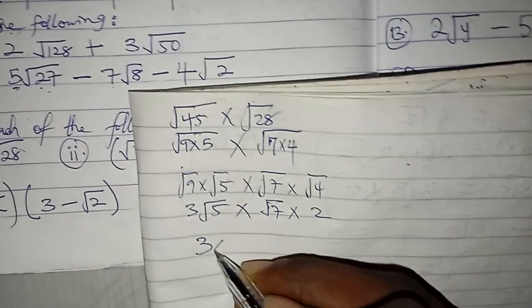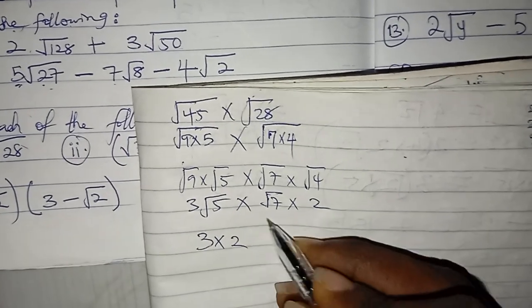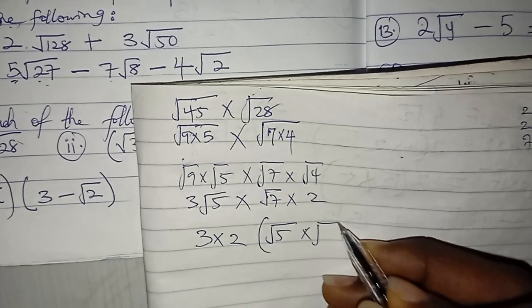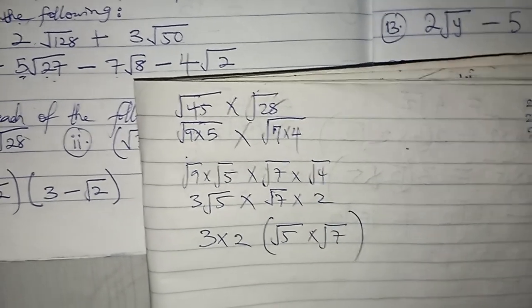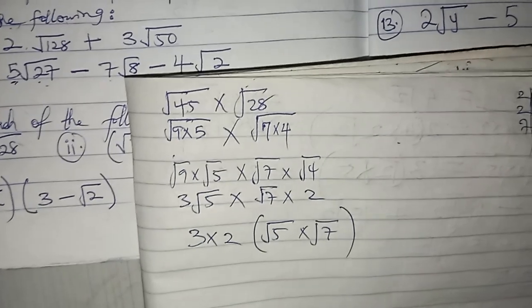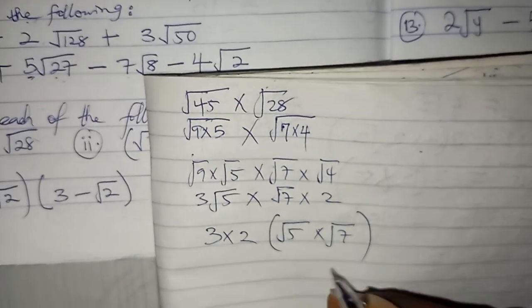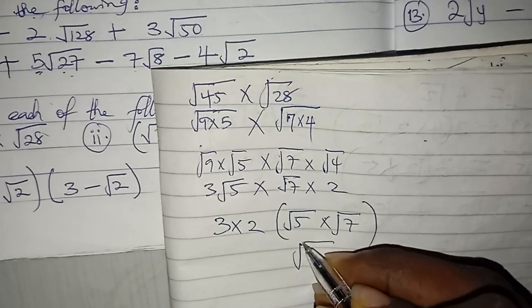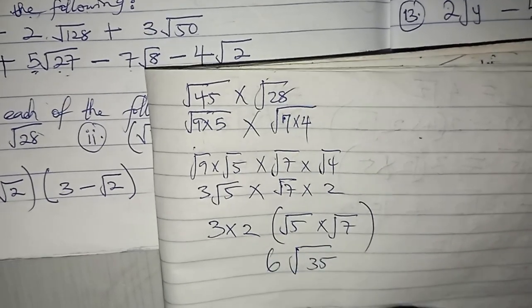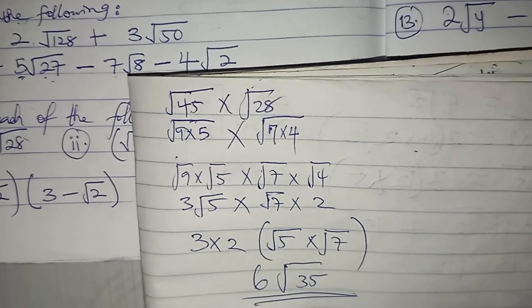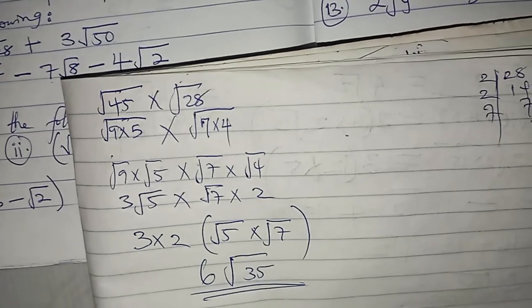So we now have 3 times 2 one side. Then root 5 times root 7 one side. So that we now have 5 times 7 is 35. So we now have root 35. Then 6 is my final answer. So we now have 6 root 35 as your final answer.